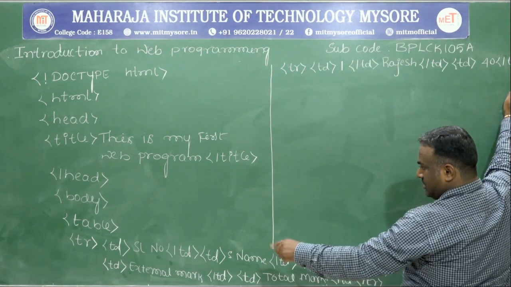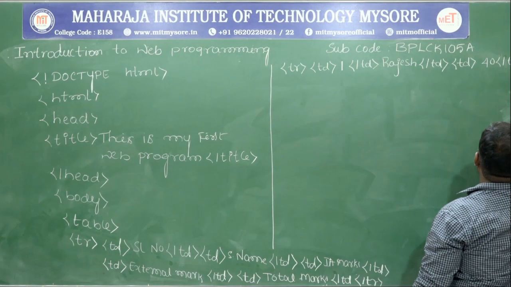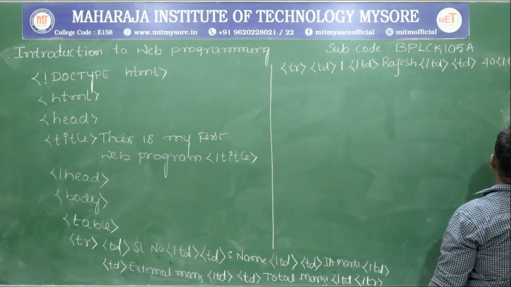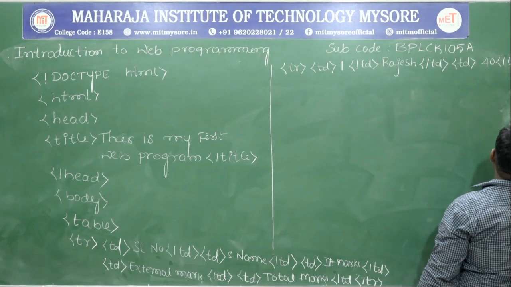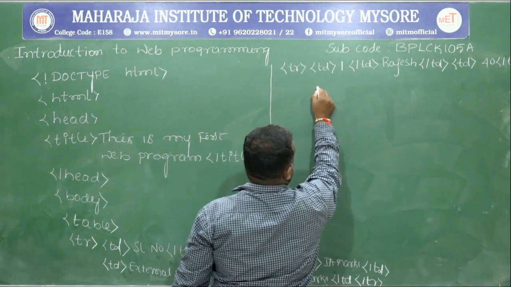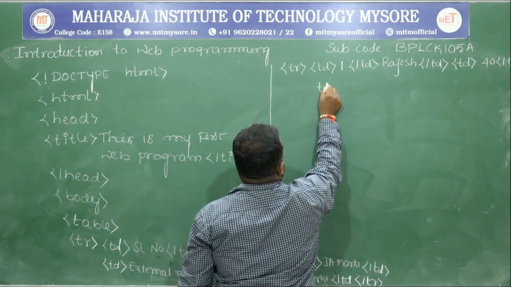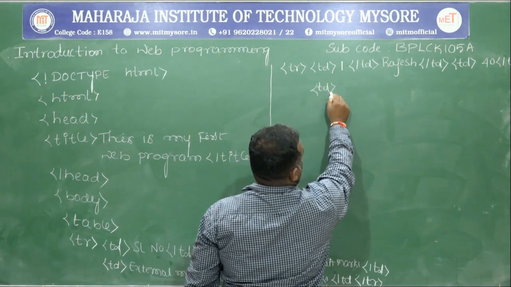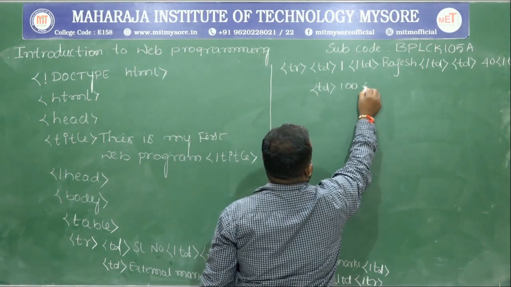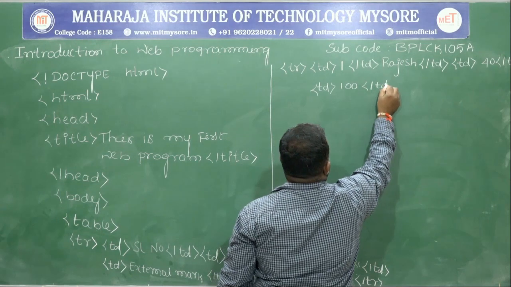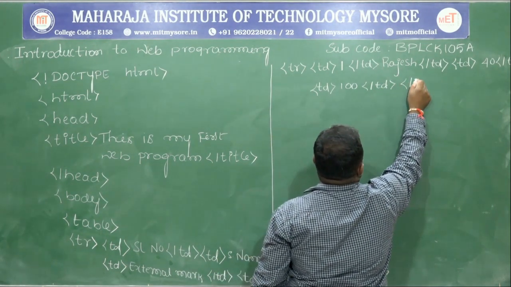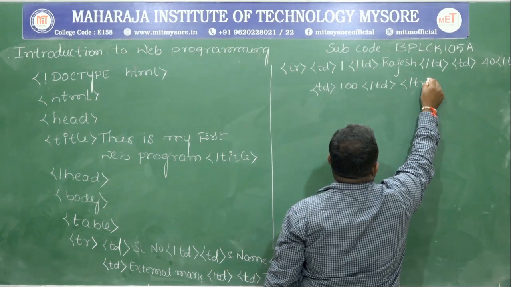After that, the external marks td, external marks 60, and then end of the td, and then total marks td: 40 plus 60, 100, and then end of the td, and end of the second table row.